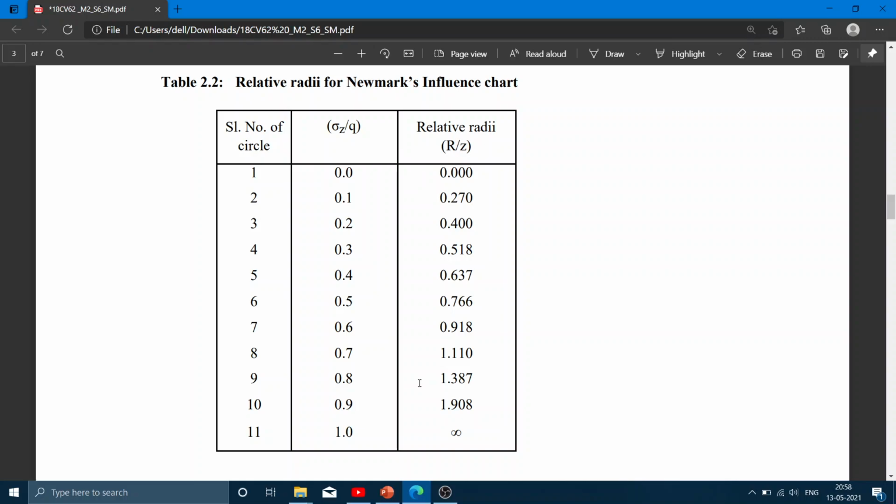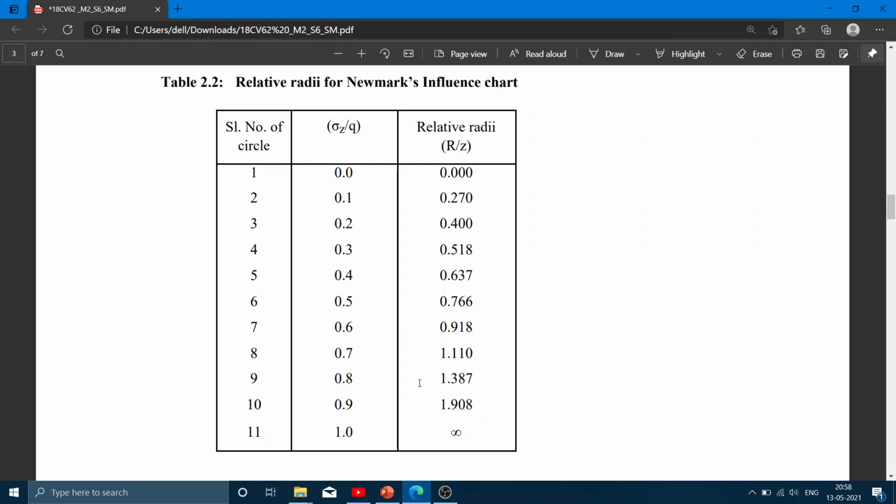Substituting various values of sigma z by q with any desired interval, say 0.1 or 0.05, we get various relative size ratios, that is r by z.